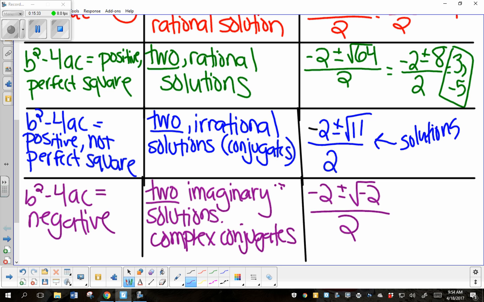So that could turn out negative. If your b squared wasn't quite big enough, and when you subtracted that 4ac, it could go down to the negative. That's a good question, though. So then, if you ended up with this, remember, you can't write a negative in your square root as an answer, so what letter do we have to pull out of it? I, because that's the square root of negative 1. So this is negative 2 plus or minus i root 2 all over 2.